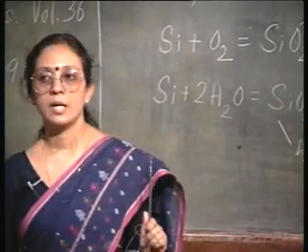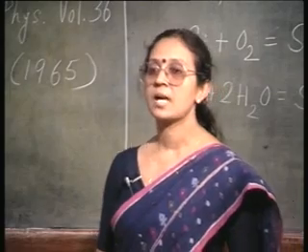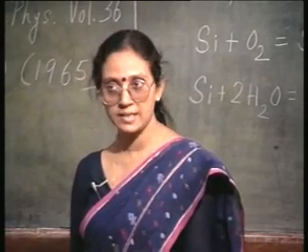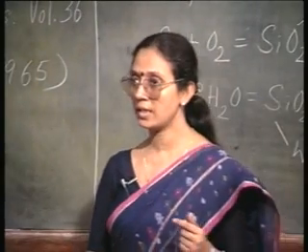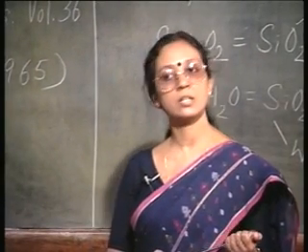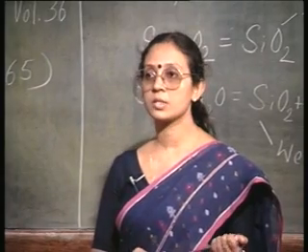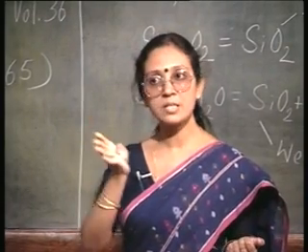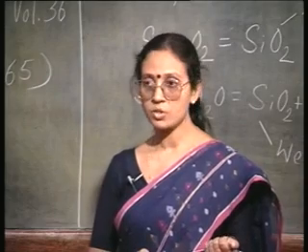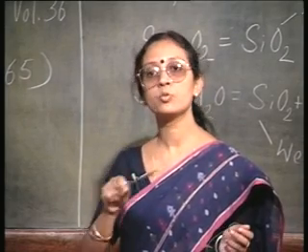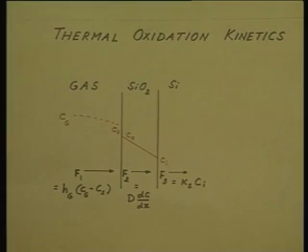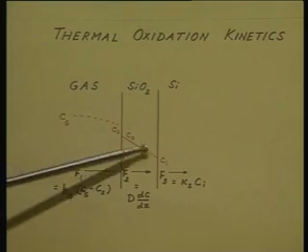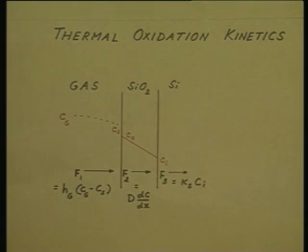Once these oxidizing species have reached the oxide gas interface, they must diffuse through the existing oxide layer to reach the silicon oxide interface, because the oxidation takes place by the movement inside of oxidizing species. If they want to react with silicon, they must move through the already existing oxide layer into the silicon dioxide interface, that is this interface. So, that is process number 2.